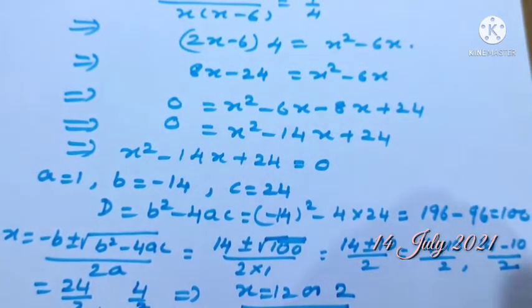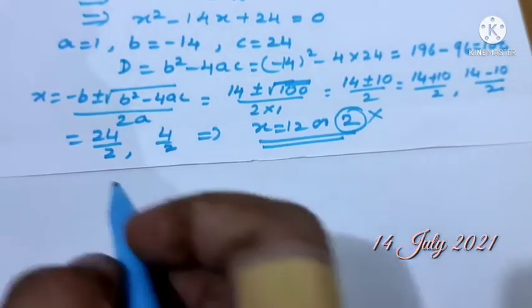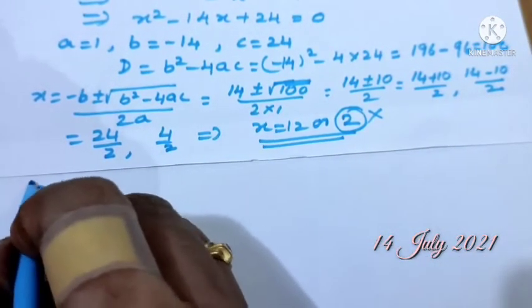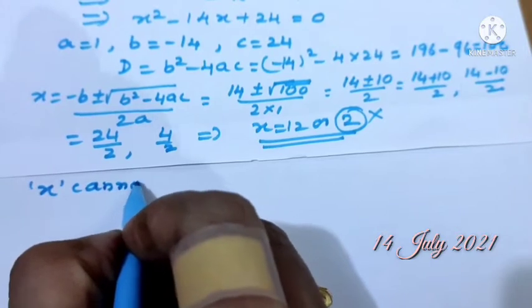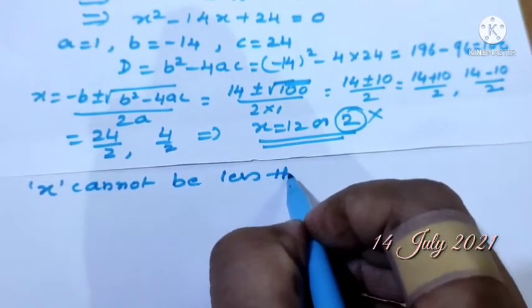Which is not applicable here, because A takes 6 days less. When we take 2, less than 6 days is not possible. So which value is correct? B takes 12 days and A takes 6 days only. That is why 2 is eliminated here. So what should we write here? x equal to 2 means x cannot be taken less than 6.